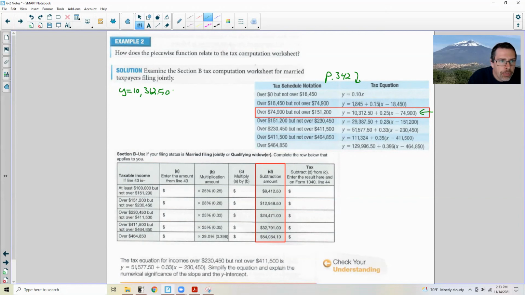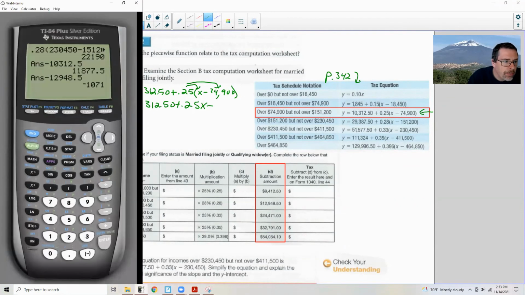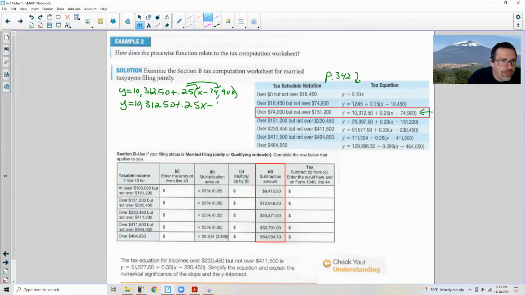$10,312.50 plus 0.25 times X minus $74,900. And if I distribute this 25%, then I'm going to get $10,312.50 plus 0.25x minus, and when I take 74,900 times 0.25, I'm distributing that quarter, it's 18,725.